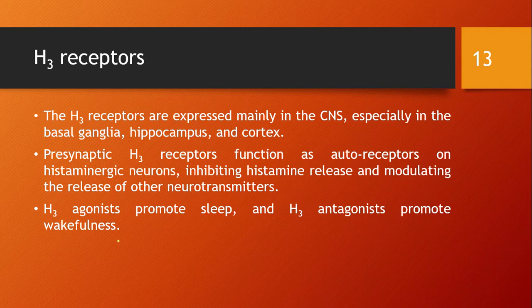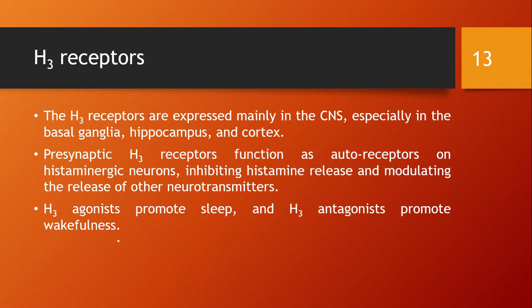Okay, so H3 receptors are expressed mainly in the CNS, and especially they are present in the basal ganglia, hippocampus and the cortex. The presynaptic H3 receptors function as autoreceptors on histaminergic neurons, and thus they inhibit histamine release and modulate the release of other neurotransmitters.